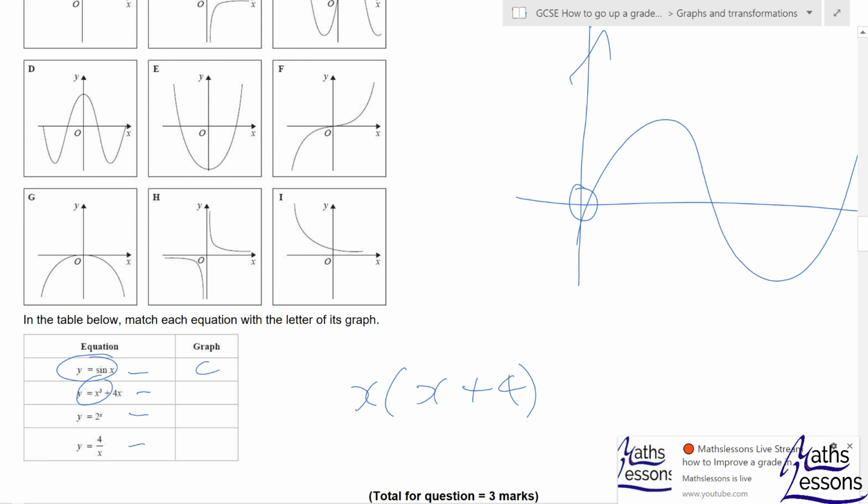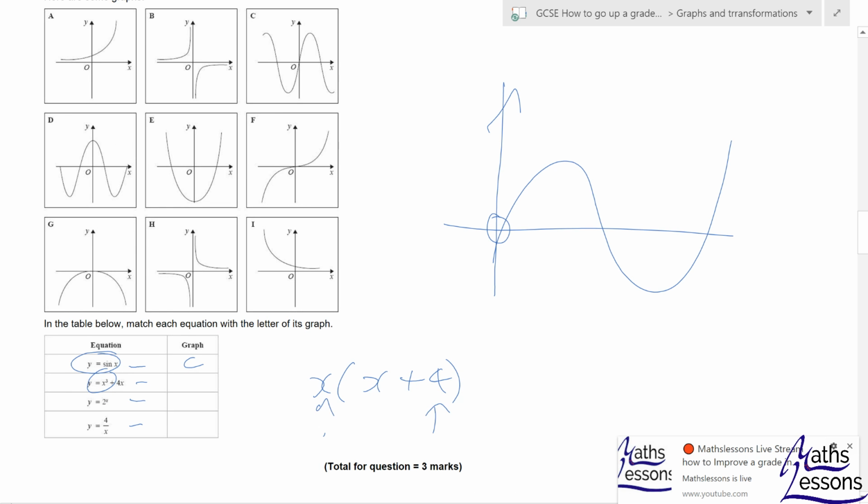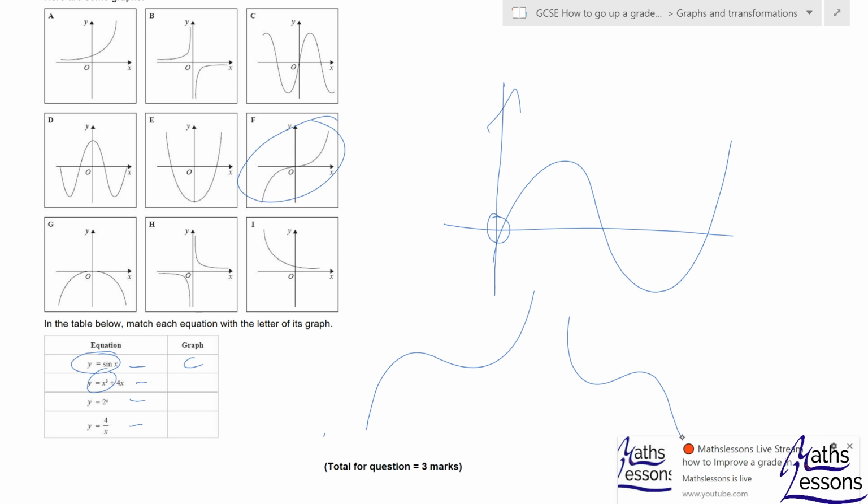So you'd know that it would cross at 0 and you'd know it would cross at -4. And none of these graphs do anything like that. Which ones could be a cubic? One that I see could be a possible cubic, that one. Cubics generally follow that shape or they follow this shape. So only one is possibly a cubic.